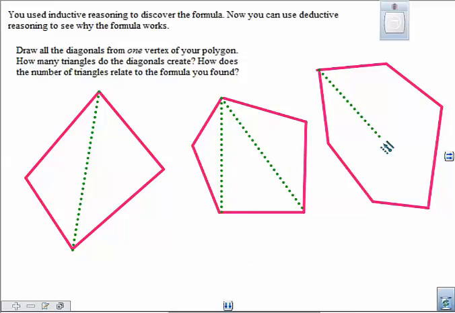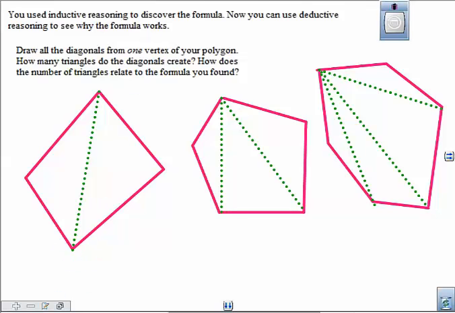If I do the same thing here, there's 1 triangle, a second, third, and fourth. So when you break your polygons into triangles, a quadrilateral breaks into 2, and we know that a triangle is 180, so 2 times 180 is 360 degrees. This is 3 triangles, each of which is 180 degrees, so you have 3 times 180, which is 540.